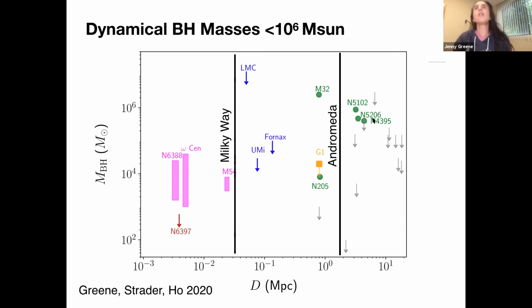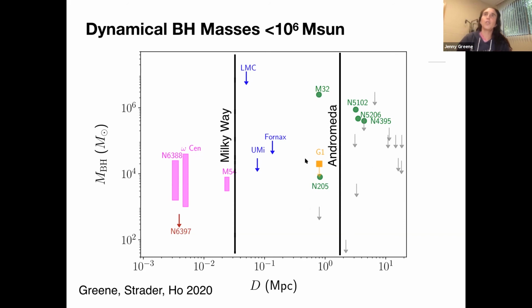There are, however, 5 dynamical detections of massive black holes of around 10^5 to 10^6 solar masses in the centers of these galaxies, from LMC-like to less than 10^10 solar mass, NGC 205, 4395, and these others.